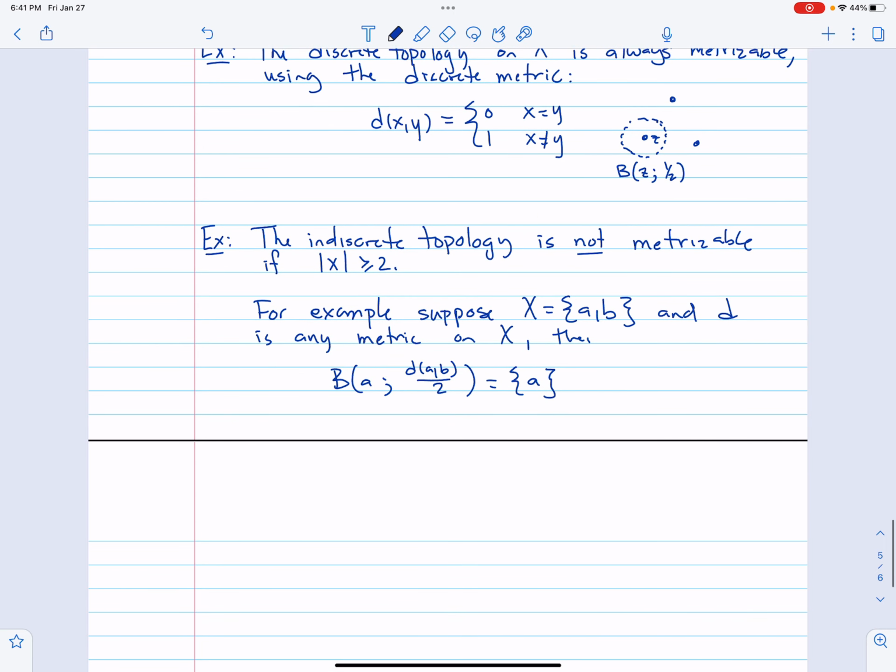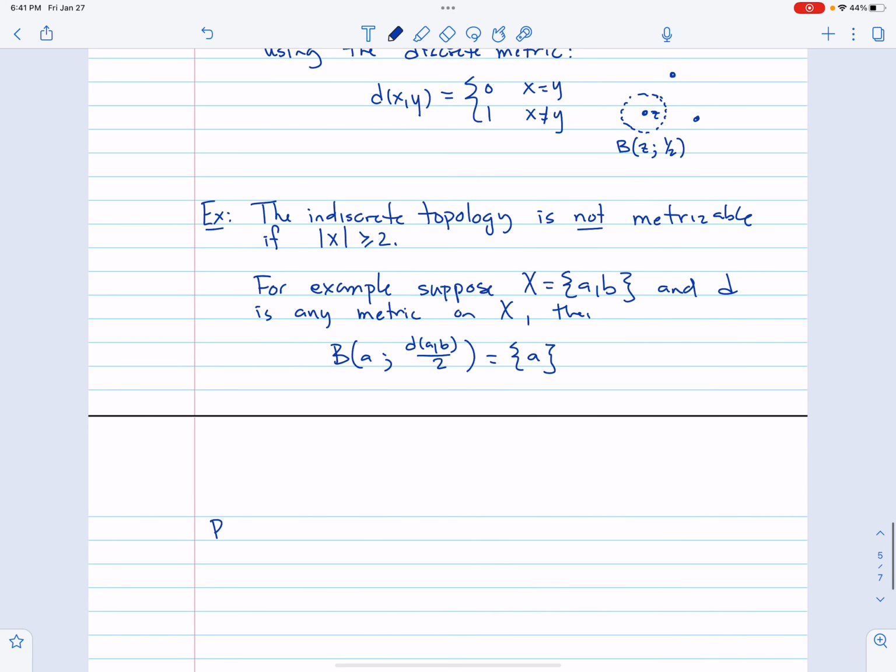But remember that in the indiscrete topology, the only open sets we have are the empty set and the entire space itself.